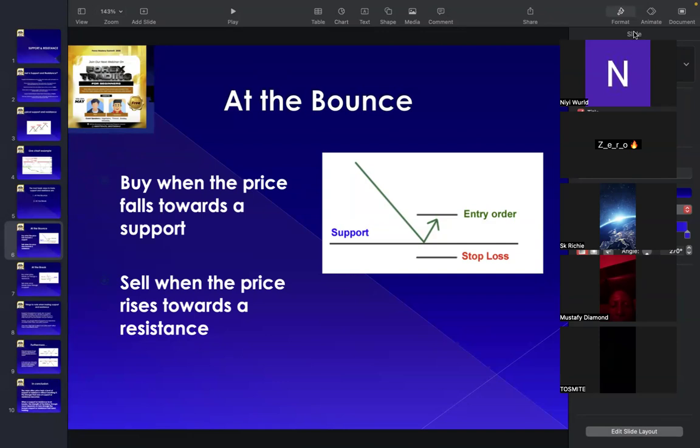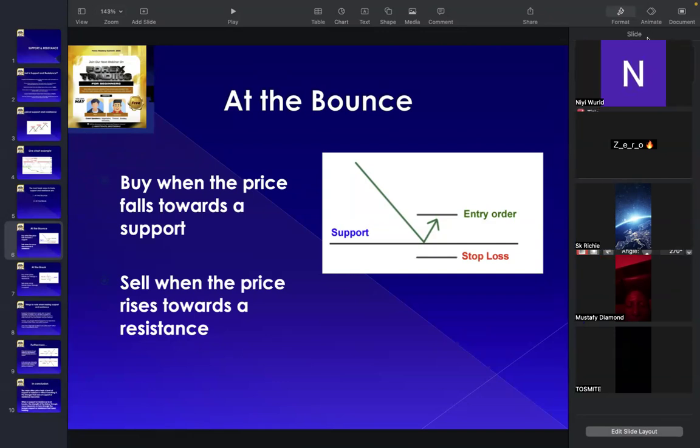Good evening, everyone. My name is Niyi, and I'm your co-host. So far, so good. I can see Dammy has taken us through the first few pages of this presentation for today. So, I'll just proceed from where he stopped.